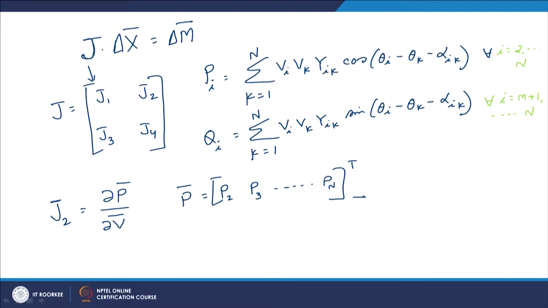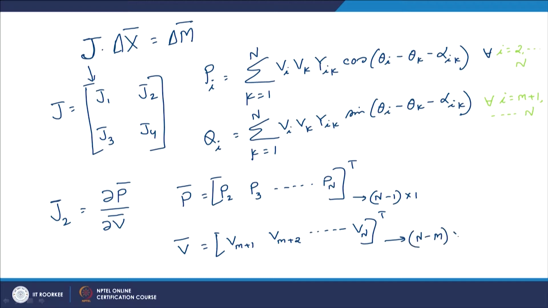So, this is an n minus 1 cross 1 vector. Vector V is given by Vm plus 1, Vm plus 2 up to Vn transpose. So, this is an n minus m cross 1 vector.